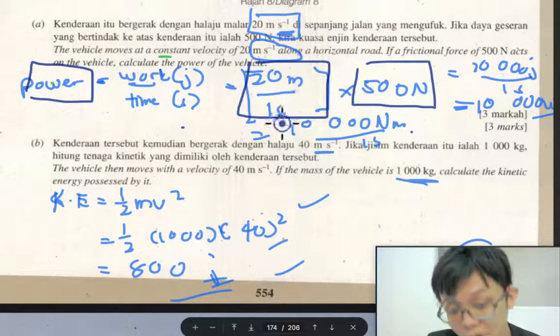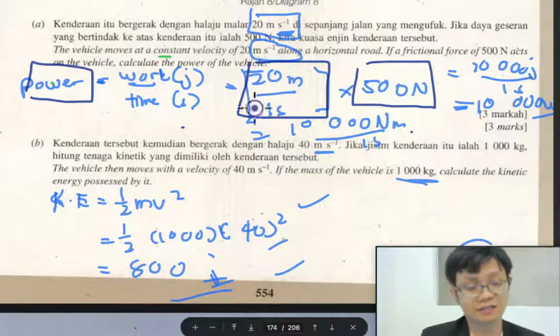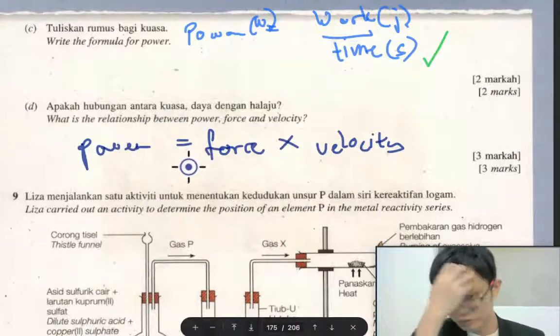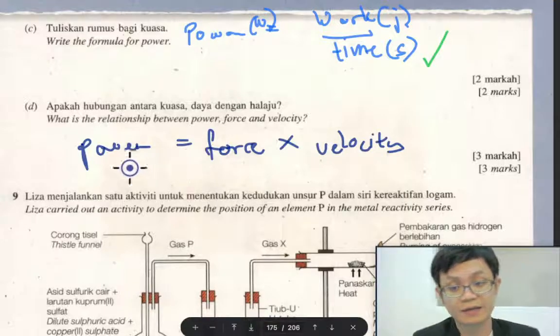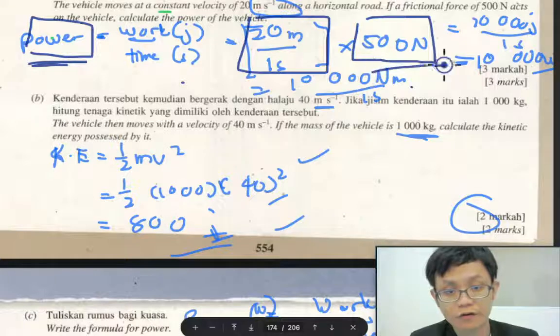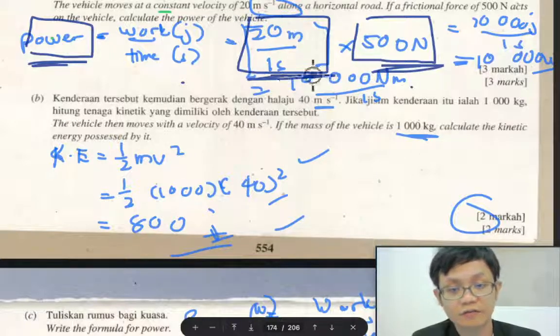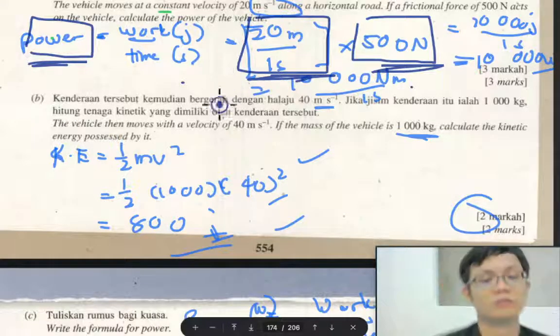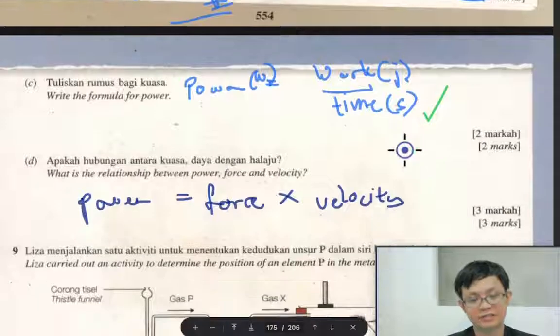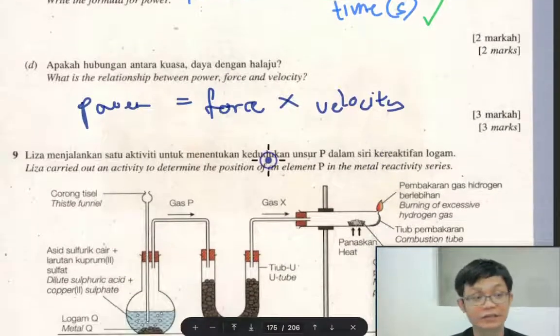This is the new formula that we find out. So that's why I say this question is difficult. And they ask again, from this what do you know? So we know that power equals to force times velocity. So this one you need to find out by yourself lah. That's why this question is not easy. This paper is really not easy.